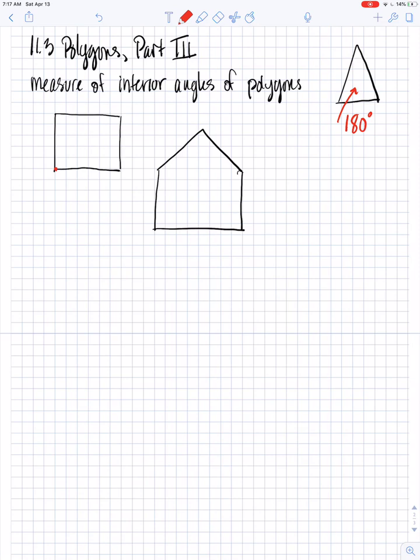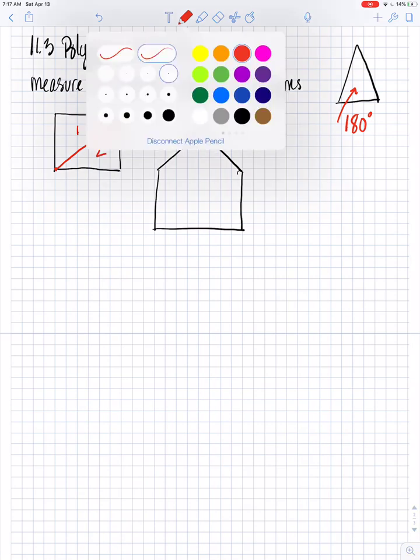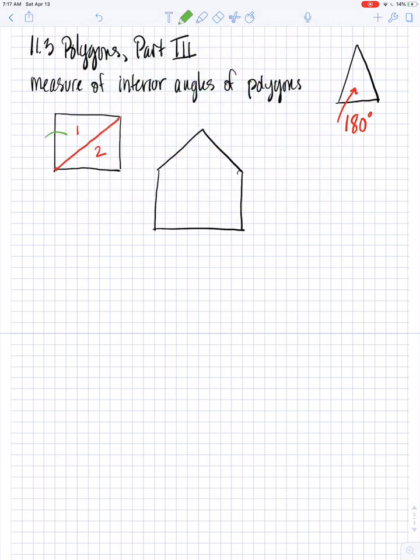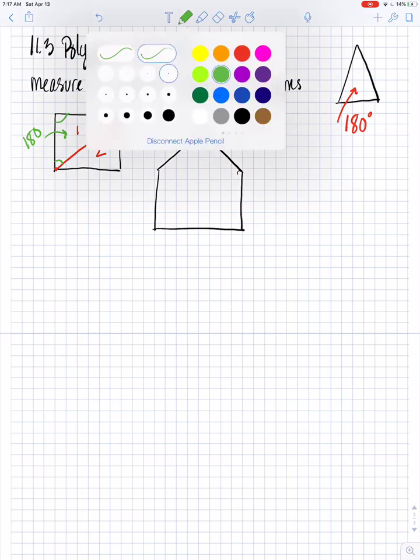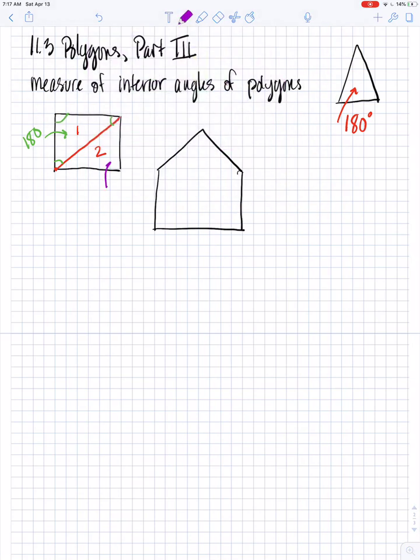If I go to any vertex and I draw a straight line segment across to another vertex, I have now represented that quadrilateral as two triangles that are just side by side. I'll change my colors here for just a second. We know that the sum of the angles inside this triangle is 180, and we know that the sum of the angles inside this triangle is also 180.